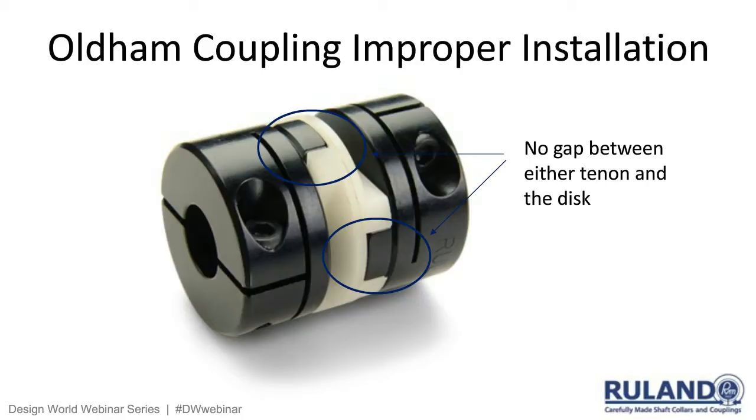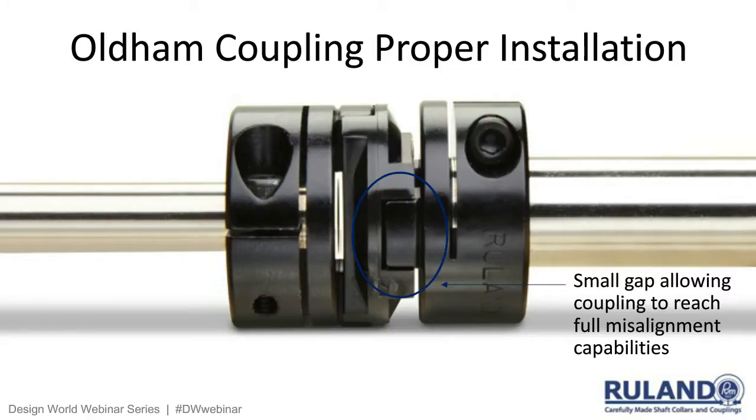If you were to assemble this and squeeze the hubs together and tighten the hubs down, you've trapped the disc at that point, which you don't want to do, which is why we talk about shimming and leaving a gap between the face of the Oldham disc and the tenons on the coupling hub. And again, here's a small gap in this picture showing the clearance, and the gap that is required for proper installation and for you to receive the proper life out of the coupling.